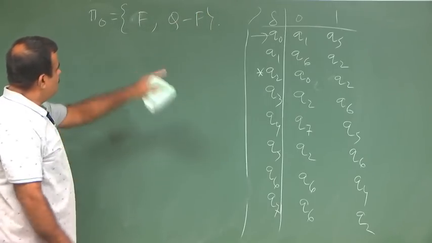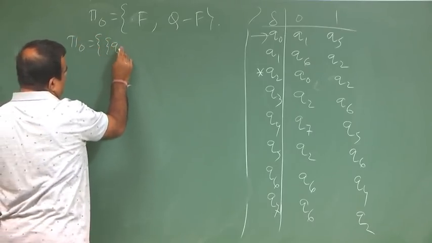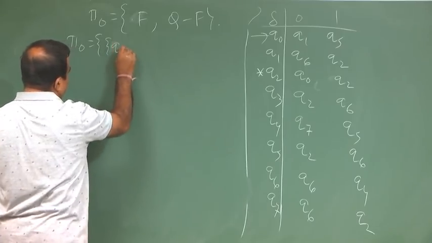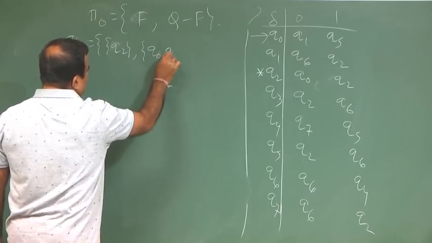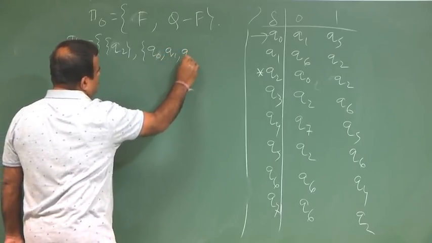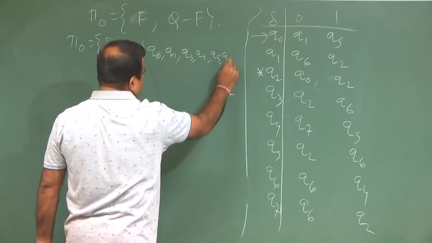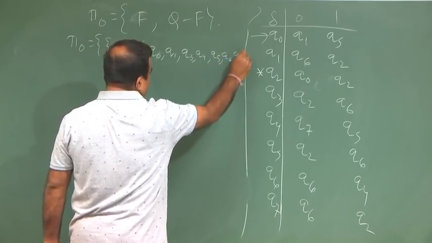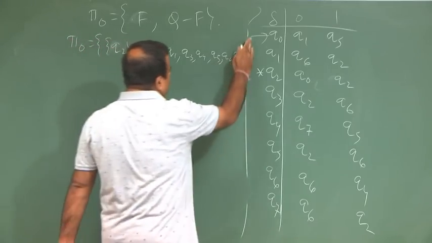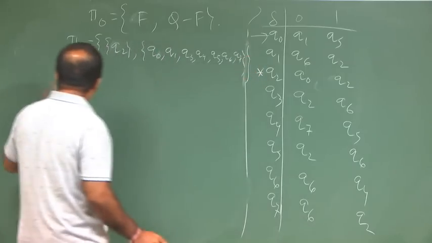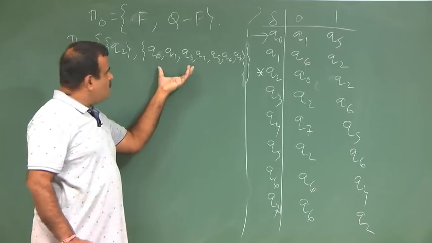So, in this example pi 0 is nothing but the final state q2, and all the remaining states q0, q1, q3, q4, q5, q6 and q7 are in the other class. Okay, so this is our first level. Then the second level is pi 1. Now we are going to break this.